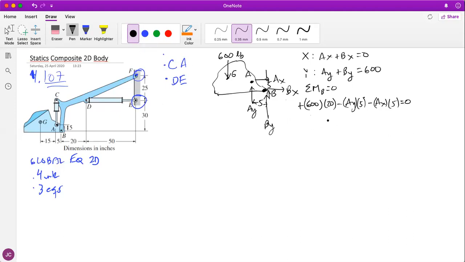If I have that, you can see that I can just divide everything by 5, and this will give me a 4. Therefore, AY plus AX will be equal to 2,400. Okay, so another thing over there.